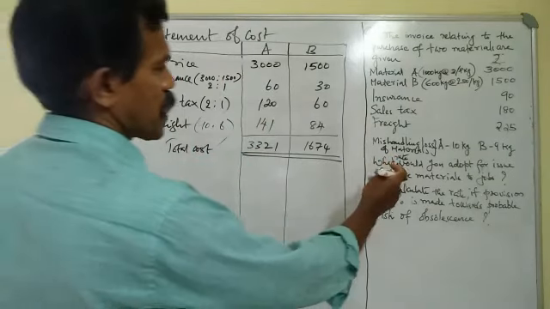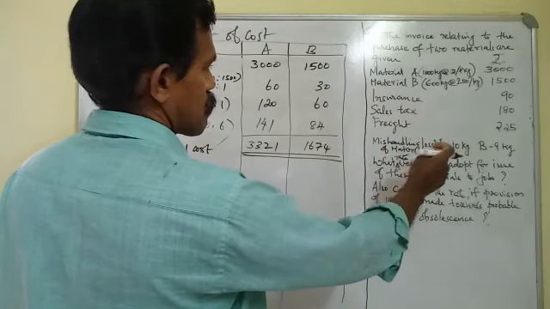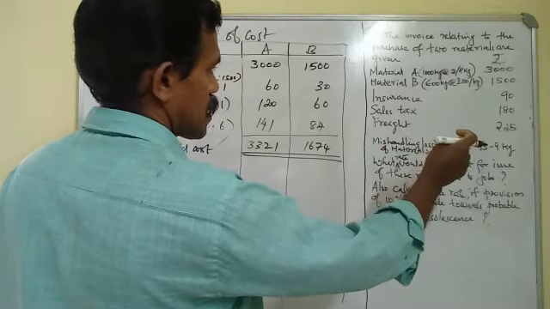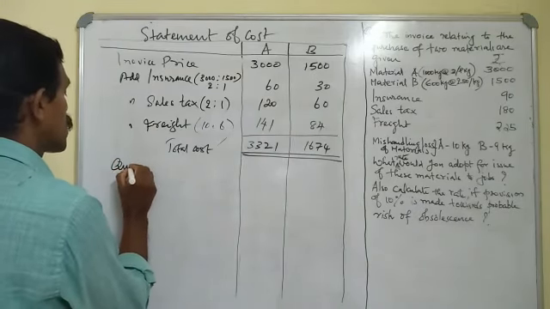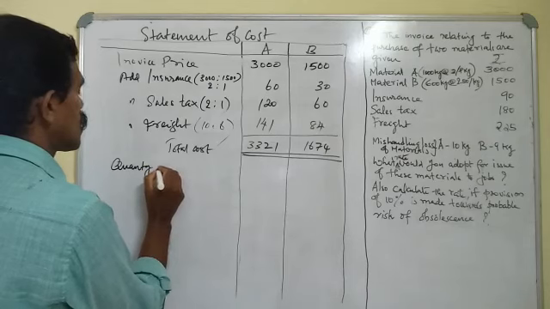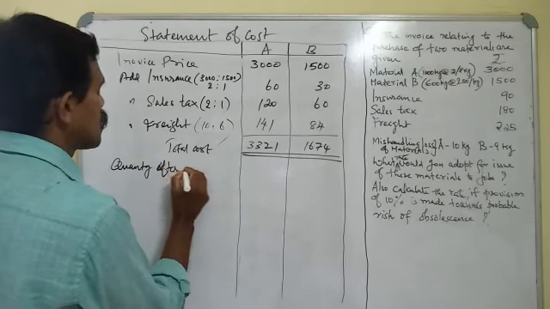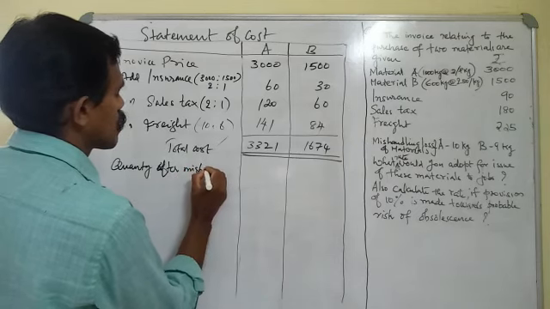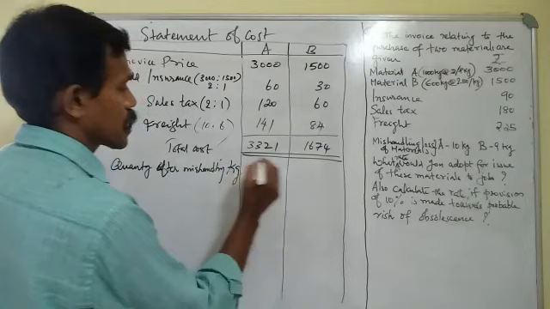Then, in our first case, our mishandling loss is A 10, B 9, and we are going to write the quantity after mishandling, in kilograms.